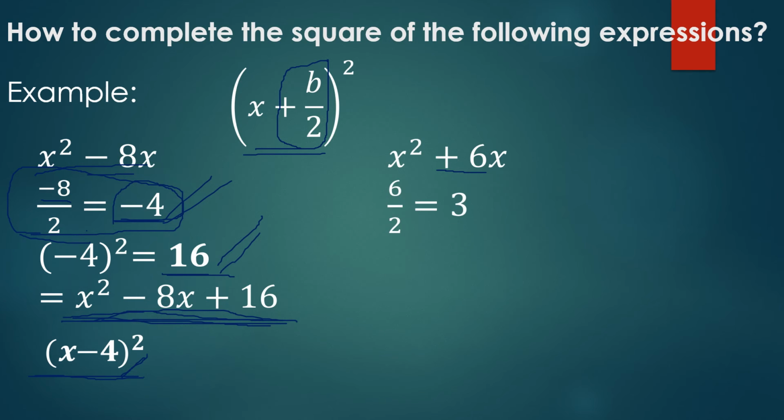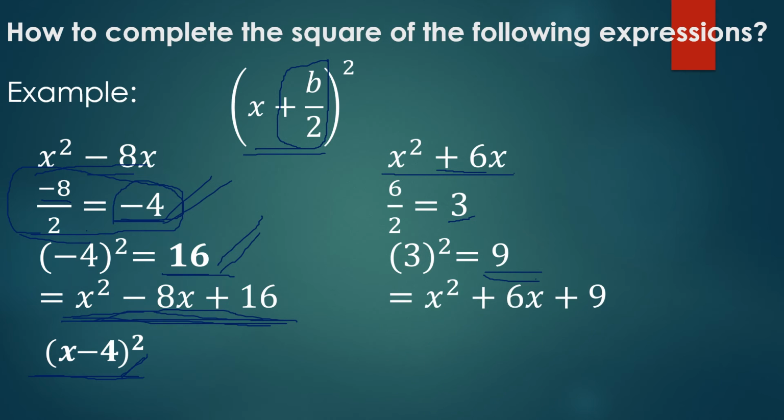Meaning to say, we have 6 over 2 is just equal to 3. And then this 3, we are going to square that so that we have 3 quantity square is equal to positive 9. Ngayon, para ma-complete yung square ng expression na to, we are going to add positive 9. So we have x squared plus 6x plus 9.